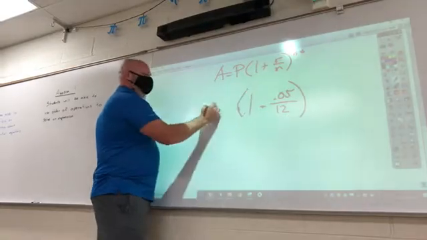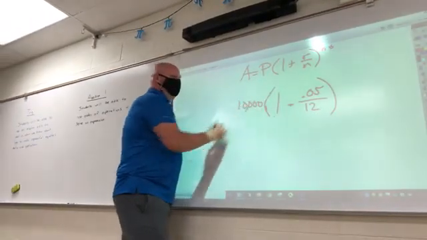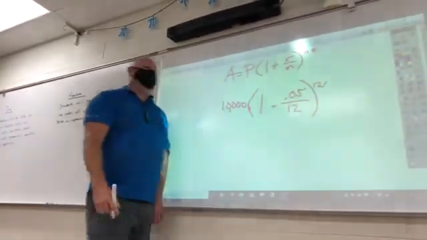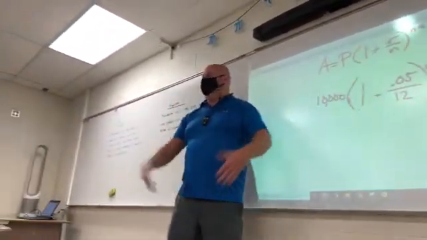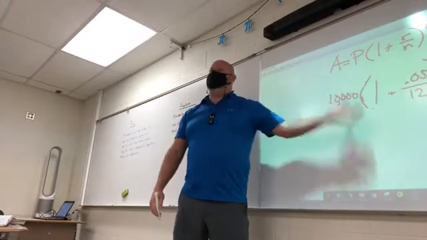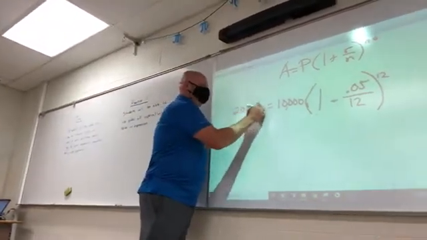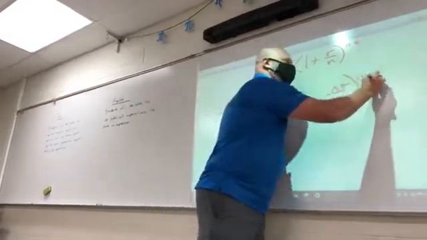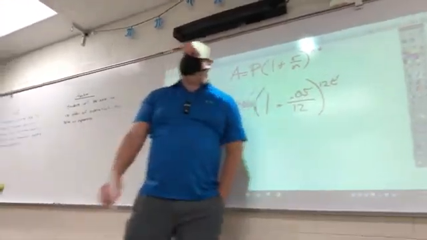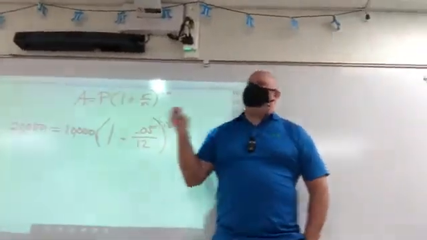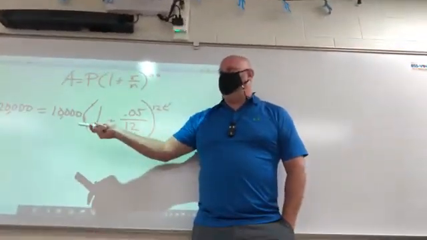I've got $10,000. The car that I want to buy is $18,000, or let's just do $20,000. How much time do I have to wait? How long will it be before I have my money doubled?